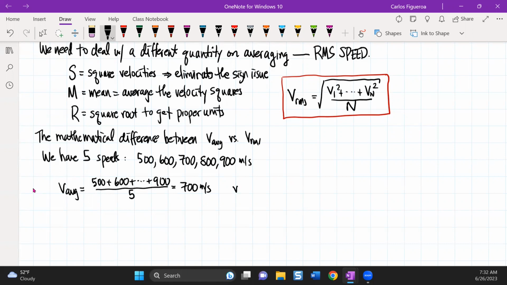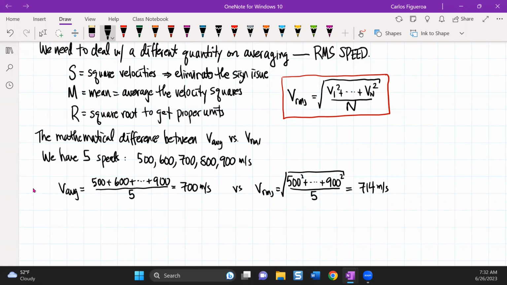Now let's compare that to VRMS. What I do differently now is that I take the squares of all of the speeds, then I average them, and then I take the square root. And what you see here is that I get a number of 714 meters per second.